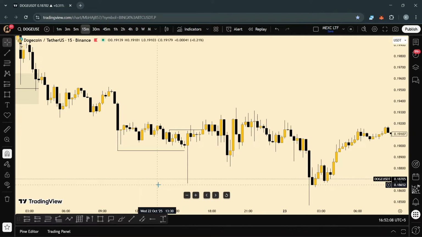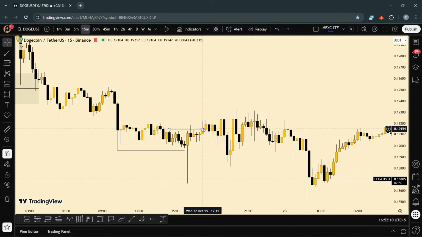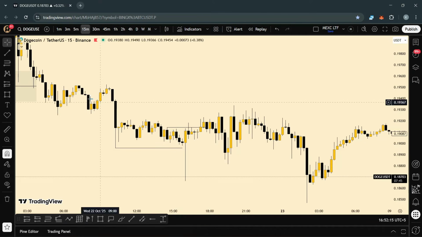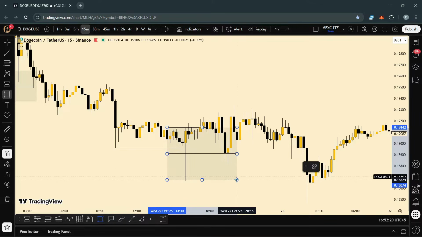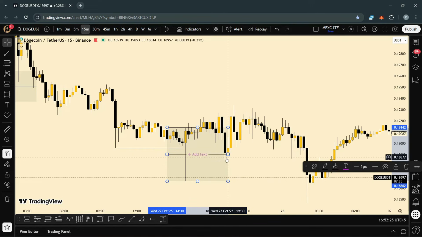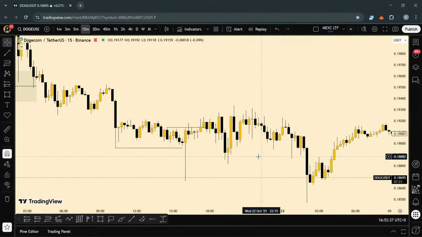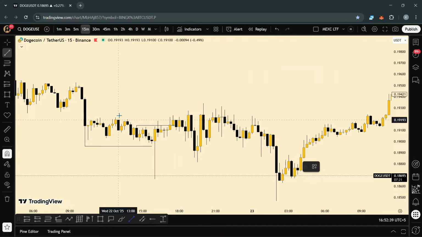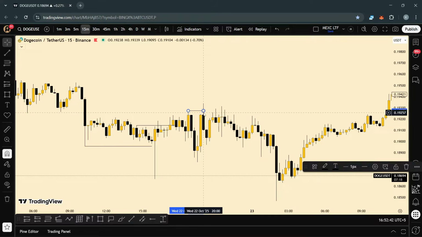It goes down and wicks through it, comes back up and closes above this level over here. Now, what do we have? We have another glitch. That is a glitch. And price then later comes over to the 50%, goes back up within one candle, gives you the TP, 1-to-1 secured, and you move on. Move on with life. And over here, you have this.